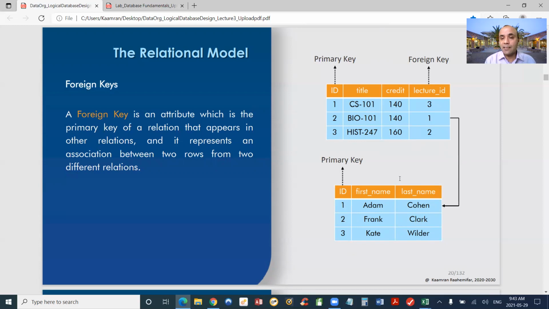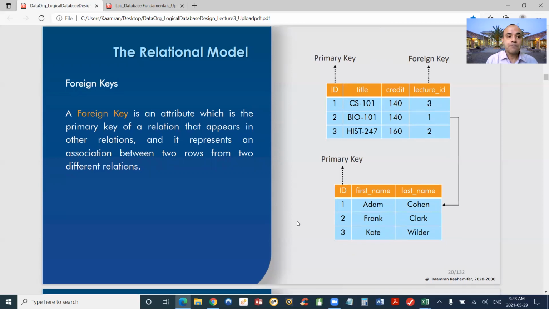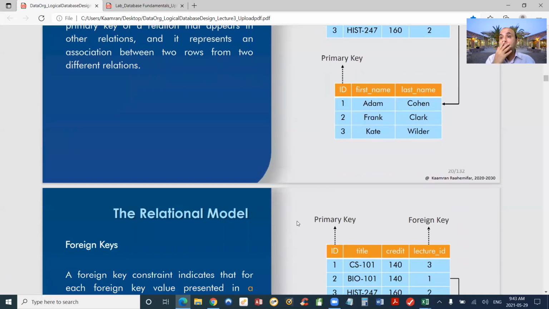So this 1, 2, 3 could be 3, 1, 2. So the 3 means Kate, 1 means Adam, and 2 means Frank. So a foreign key is the means by which two tables refer to each other.